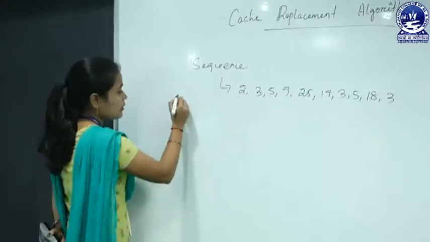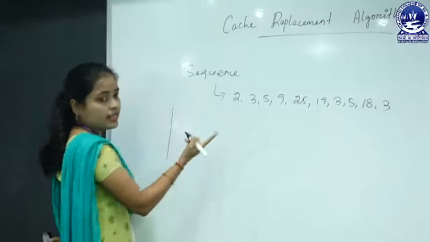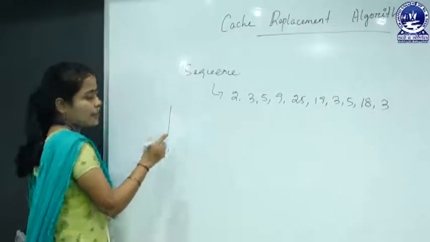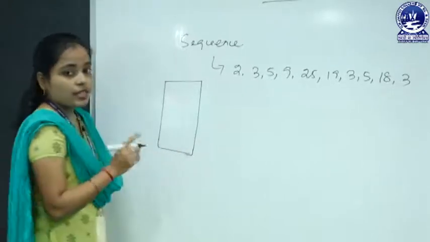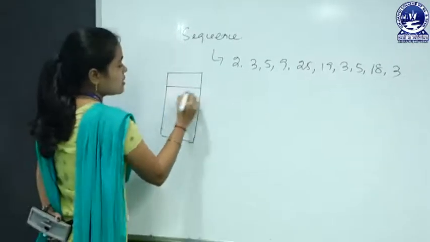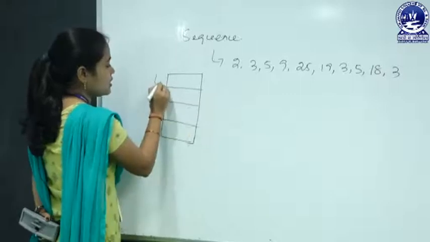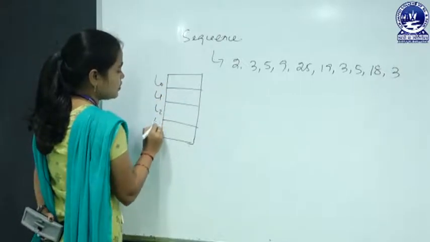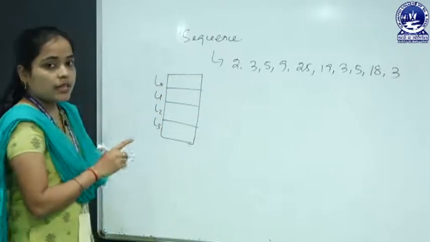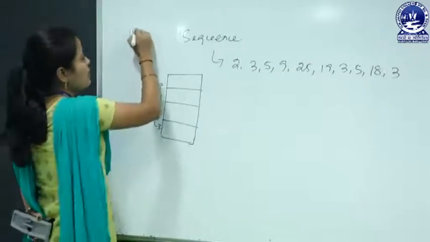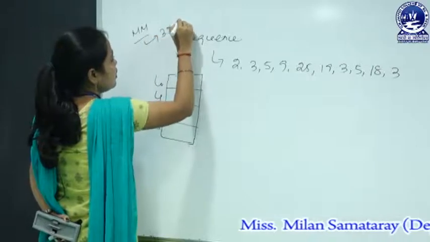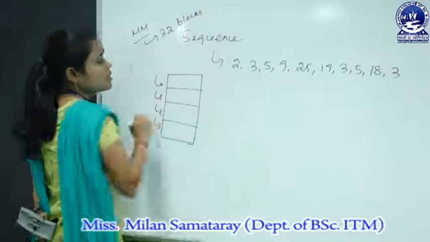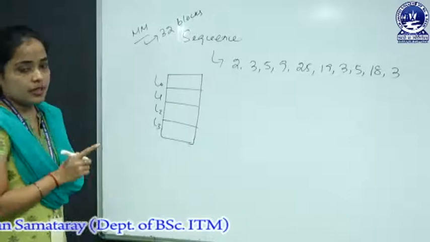So let's first implement this in the associative mapping concept. As I discussed in our previous lecture, the cache consists of 4 lines, that is L0, L1, L2, L3, and the main memory size is 32 blocks, that means 0 to 31.